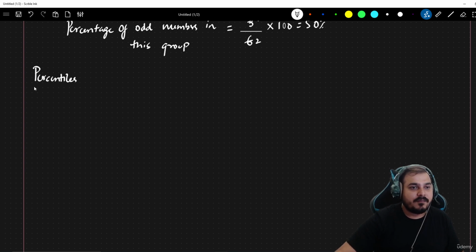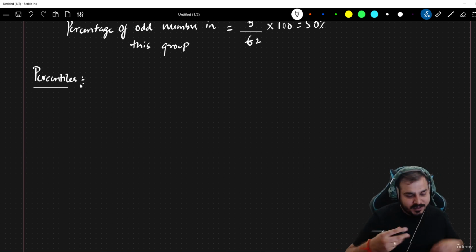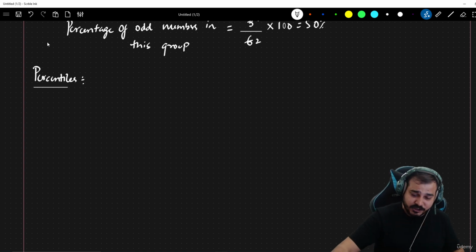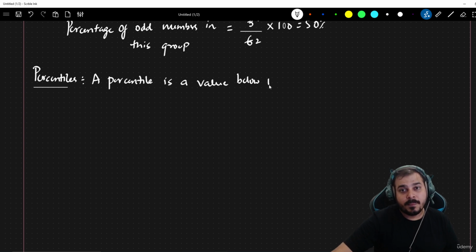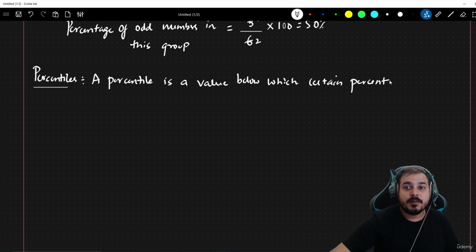Okay. And for that, first of all, we'll try to understand it with a simple definition. So here I'm just going to write: a percentile is a value below which a certain percentage of observations lie.